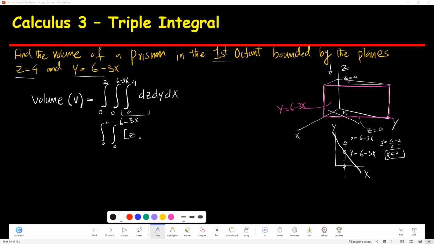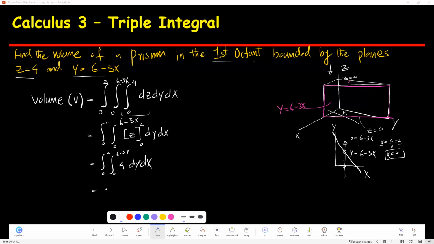So it's going to be z dy dx, and then limits are 4 and 0. If I substitute the limit into this, it's going to be 0 to 2, 6 minus 3x, then 4 dy dx.